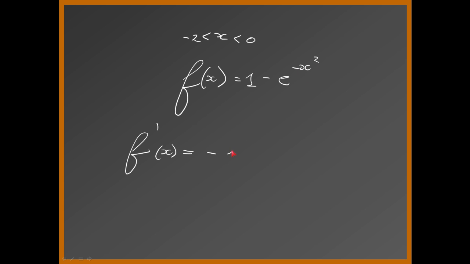This means e to minus x squared that multiplies the derivative of minus x squared. This equals minus e to minus x squared that multiplies minus 2x, which is plus 2x e to minus x squared.